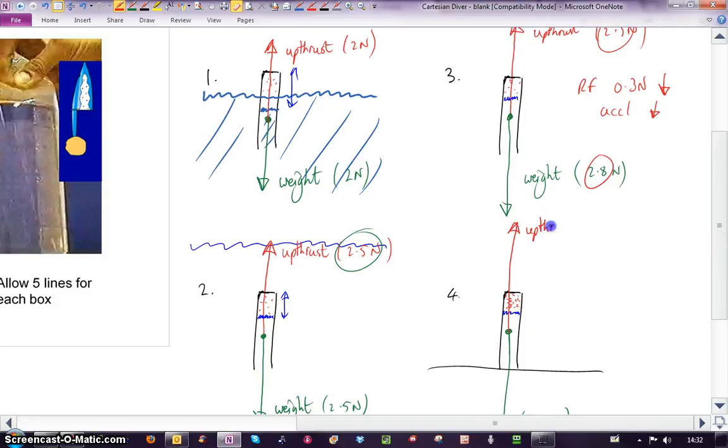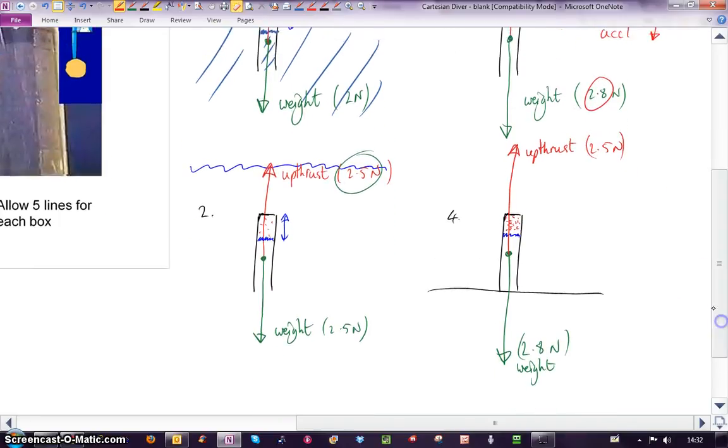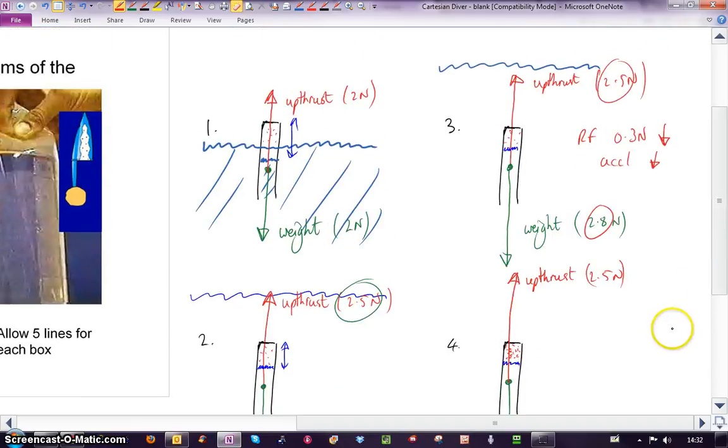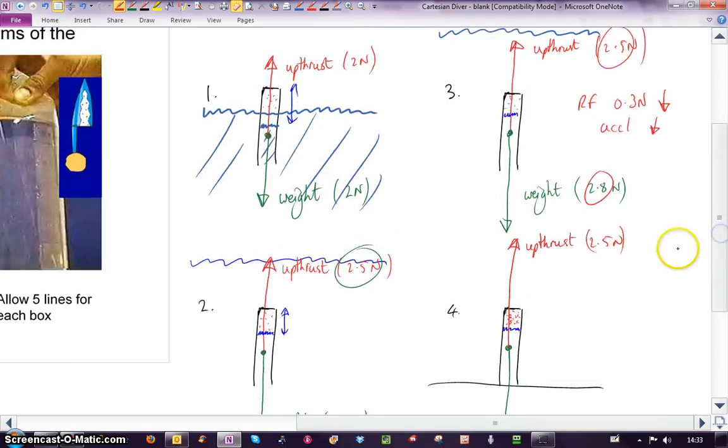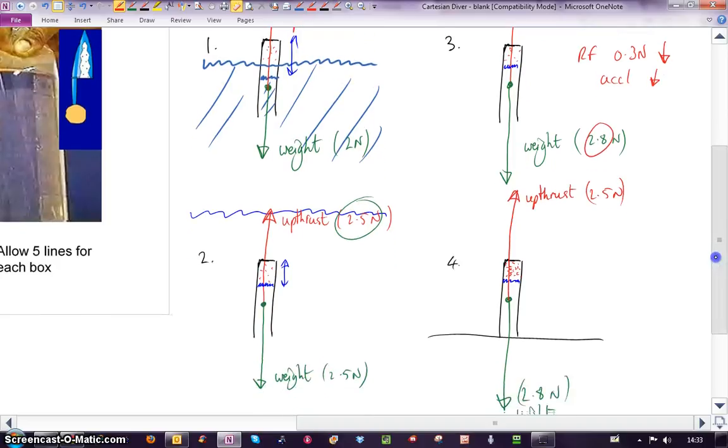Upthrust, 2.5 newtons. But there must be a third force to counteract the difference between 2.8 and 2.5. Do you know what that force is? It's the force created by the bottom of the bottle pushing upwards on the Cartesian diver.